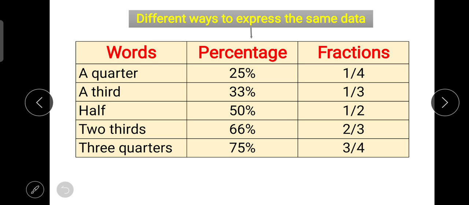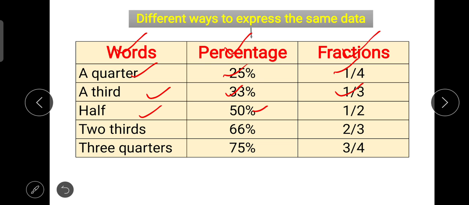Now, these are certain different ways to express the same data. The data can be expressed in the form of words, in the form of percentages, or in the form of fractions. Either we can say a quarter, or 25%, or 1/4. We can say a third, or 33%, or 1/3 of the given data.